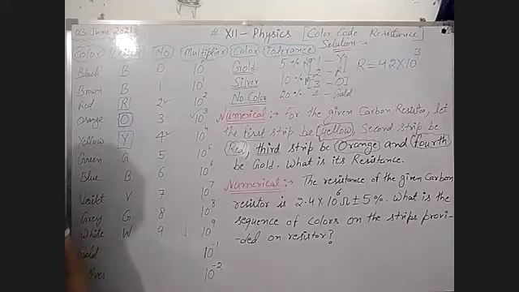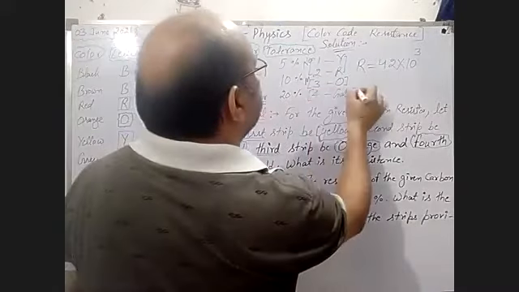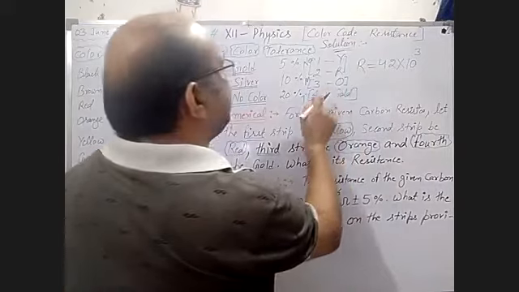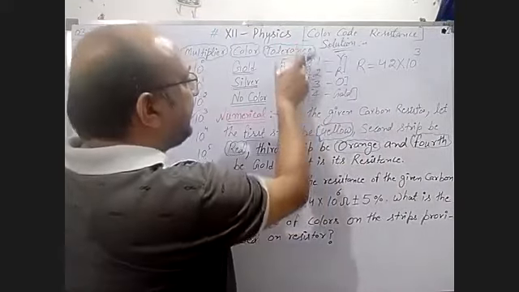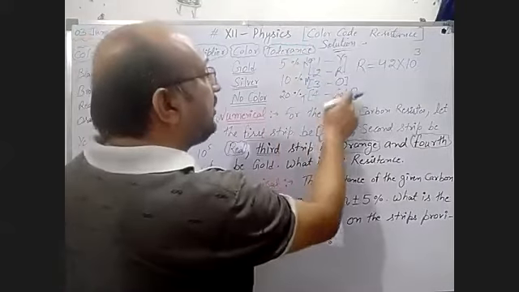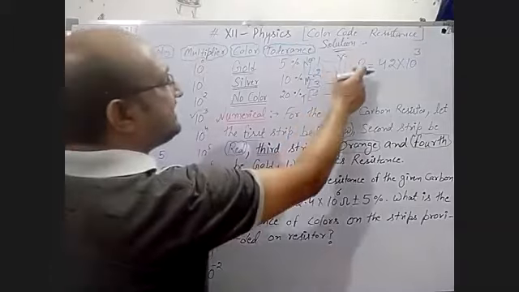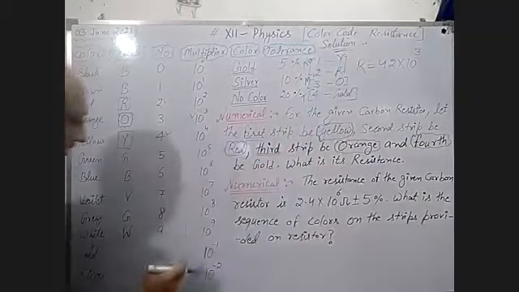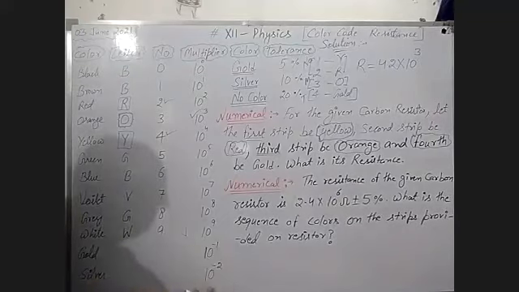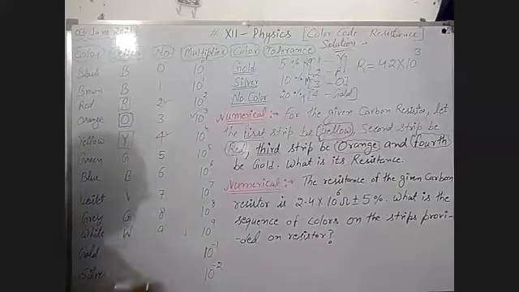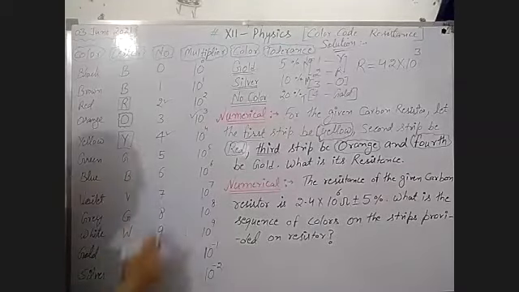Now the fourth one is gold. Gold gives you the tolerance. Its value, the fourth color value, you have to take by this color. If gold is in the place of the first and second, then you take 10 raised to the power -1 and -2, and there is no value of gold and silver in number.